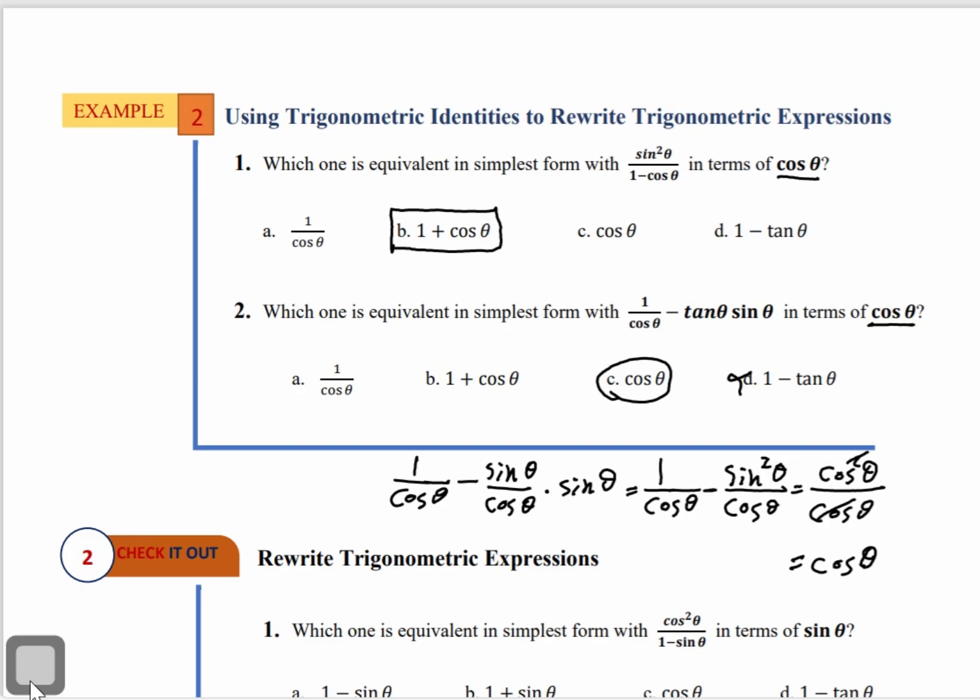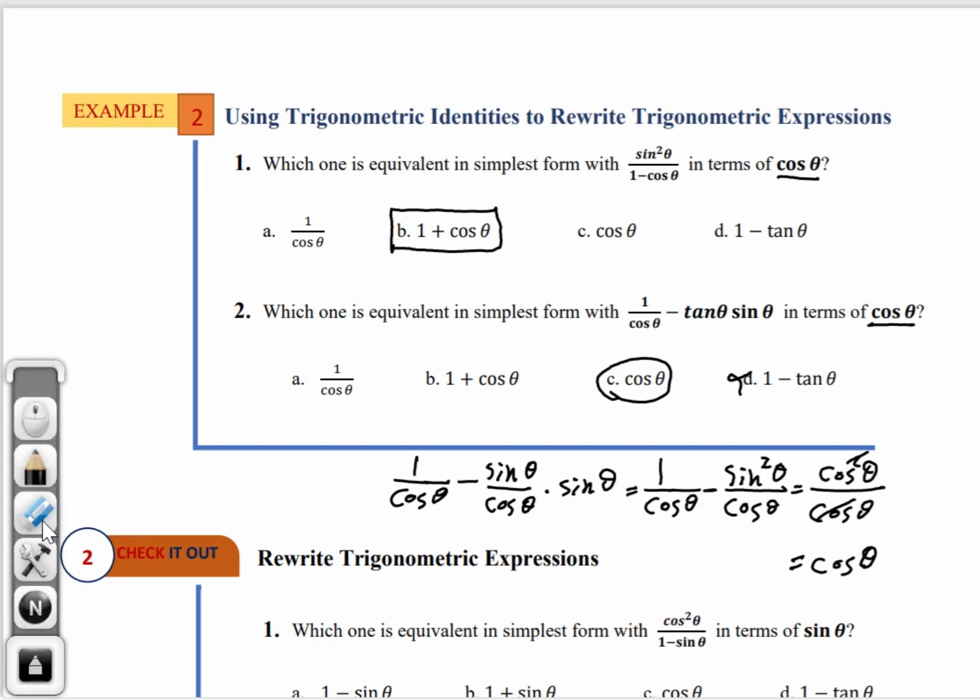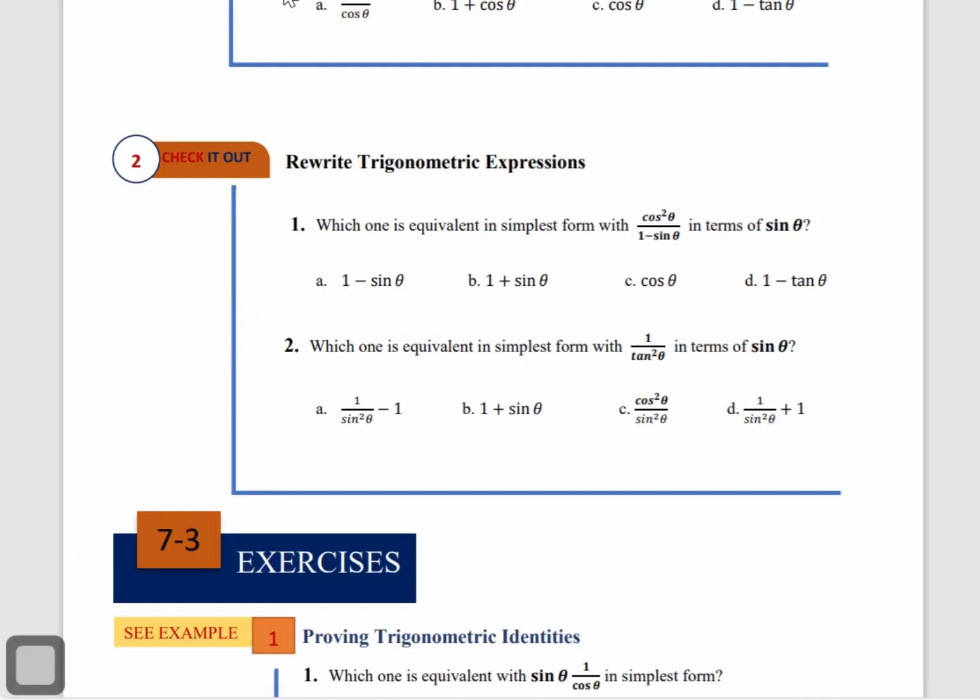For the next examples, they ask for in terms of sine. We have to do it in terms of sine. So we can solve this one here. We have cosine squared over 1 minus sine theta. For cosine squared, it will be 1 minus sine squared theta, and we have 1 minus sine theta.